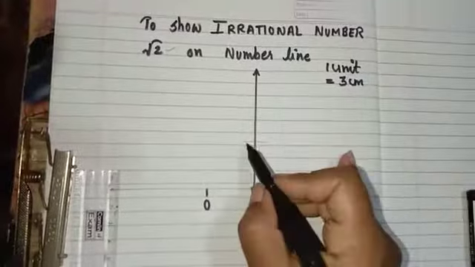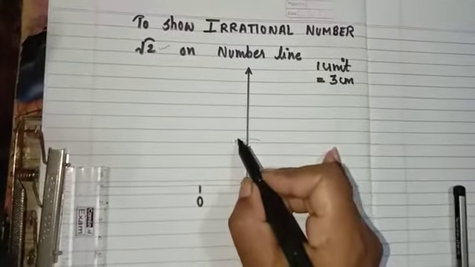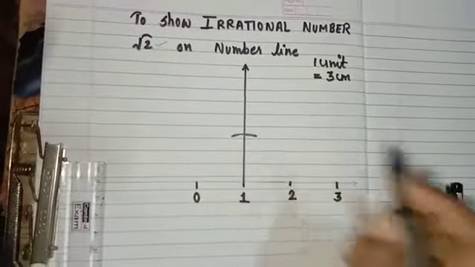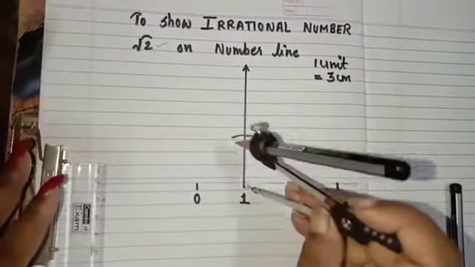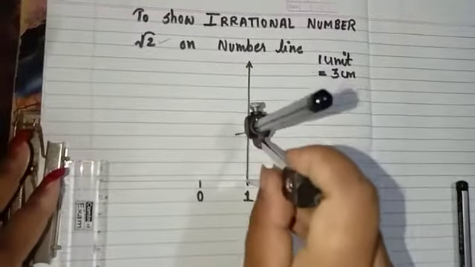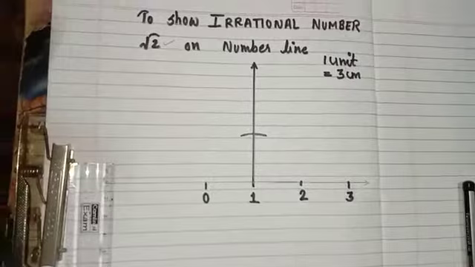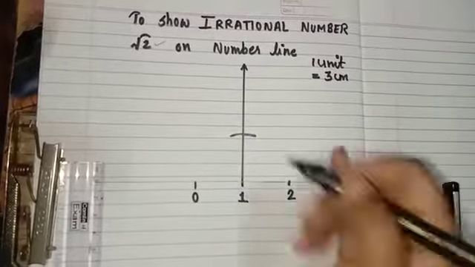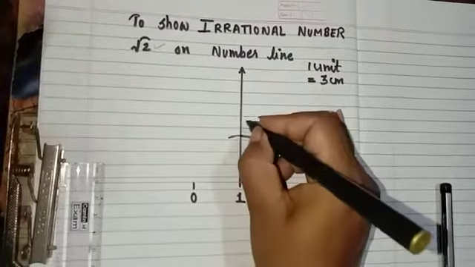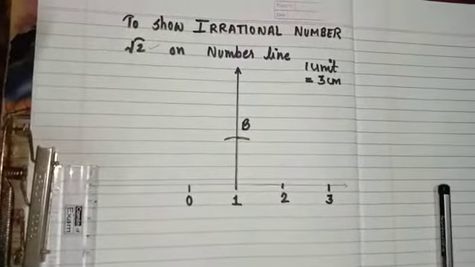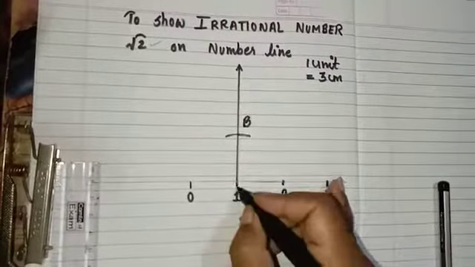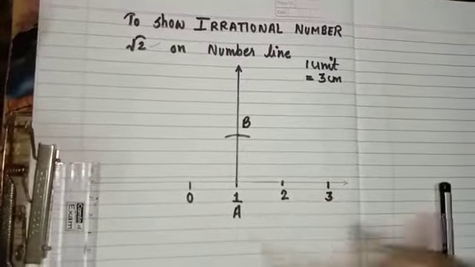Now I'll darken the arc. Don't draw it freehand, as this arc I have already drawn with measurement. I will name this point B, and the other one A.